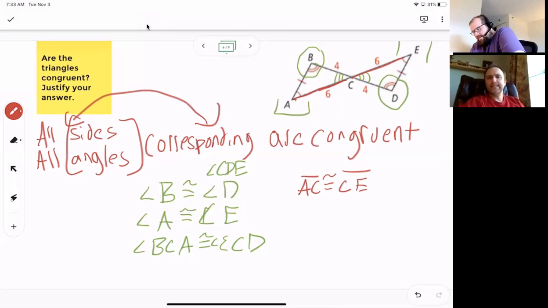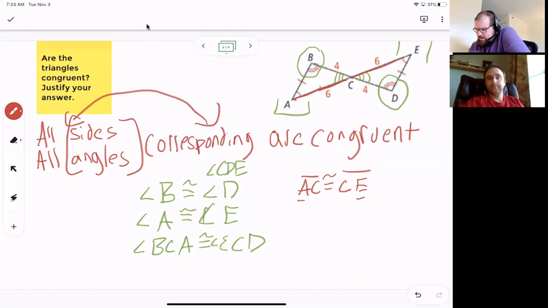Could I have said AC and EC? You could have. It doesn't matter which side we're talking about in terms of the order for segments because these are non-directional. Got it. And that might even be a little bit nicer because then you're also matching up that A with that E a little bit more clearly. Although both of those mean the same thing.